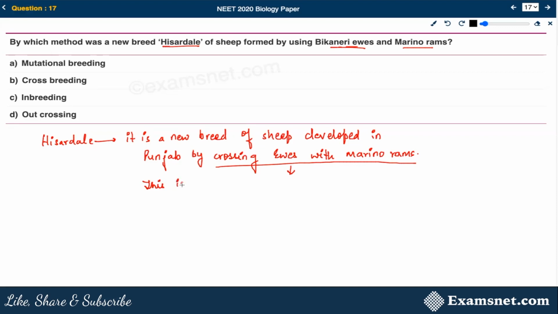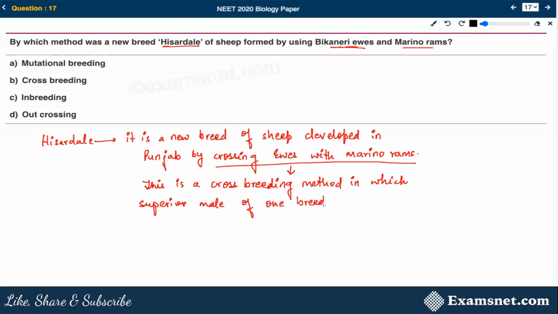So this is a crossbreeding method, in which superior male of one breed, all right, are mated with superior female of another breed.